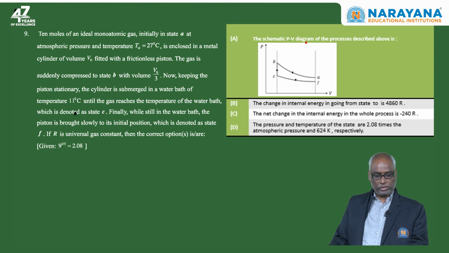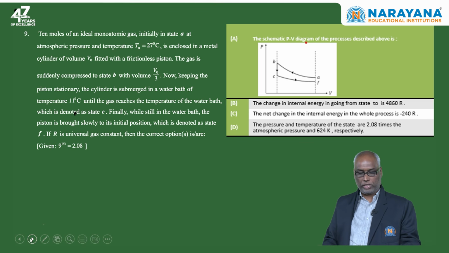Now, keeping the piston stationary, the cylinder is submerged in a water bath of temperature 11 degrees centigrade until the gas reaches the temperature of the water bath, which is denoted as state C. Finally, while still in the water bath, the piston is brought slowly to its initial position, which is denoted as state F. If R is the universal gas constant, then the correct option or options is, given that 9 to the power of 1 by 3 is equal to 2.08.